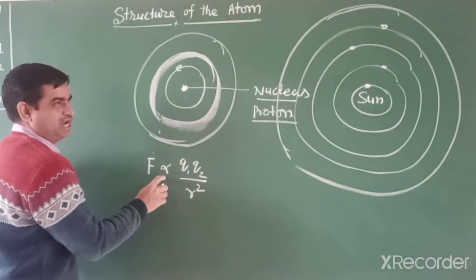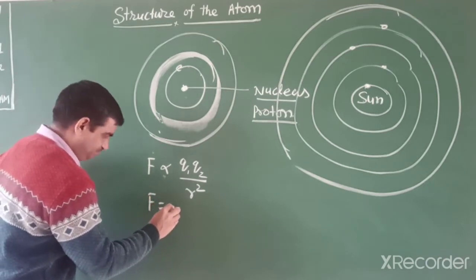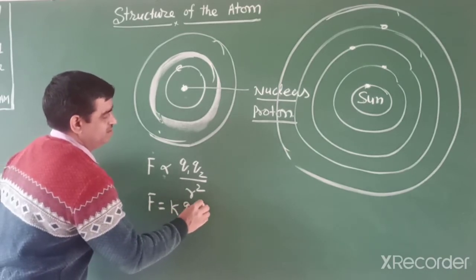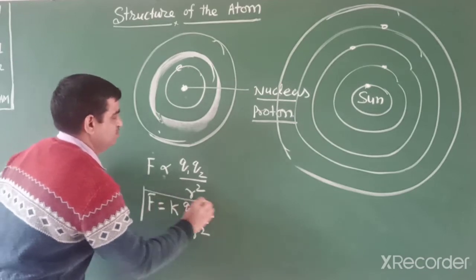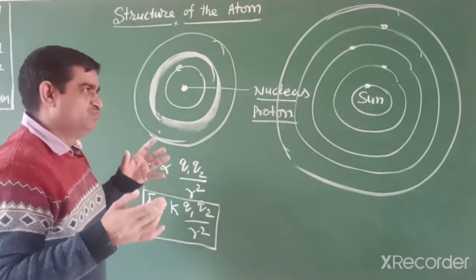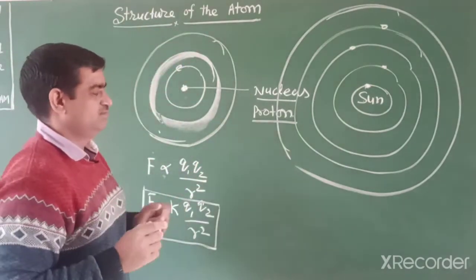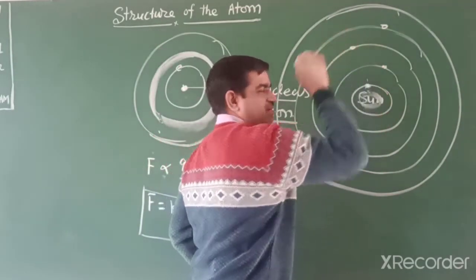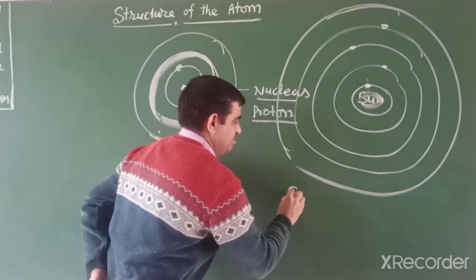When we remove the sign of proportionality, we get F equals K Q1 Q2 divided by R square. That is known as the Coulombic force of attraction. The more the charge, the more the force. The more the distance, the less the force. In a similar way, there is a force of attraction between the sun and planets, known as the gravitational force.